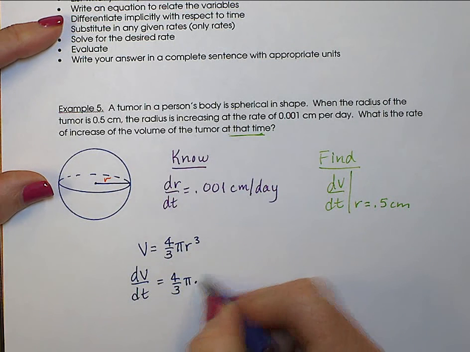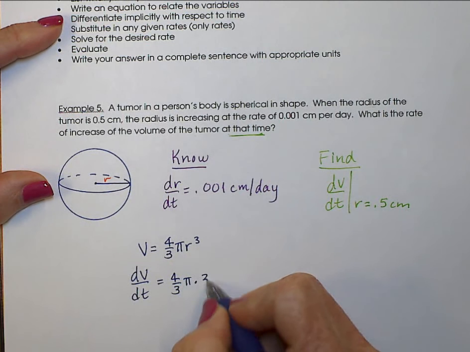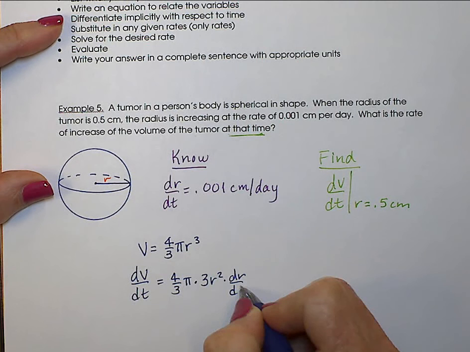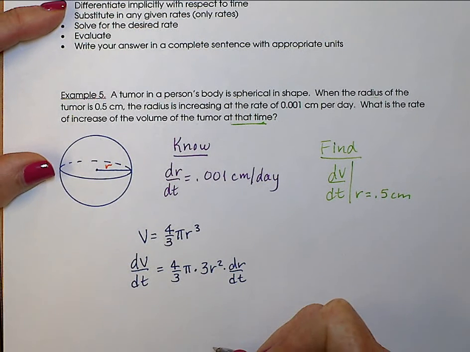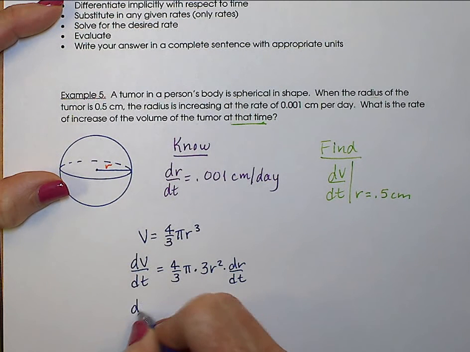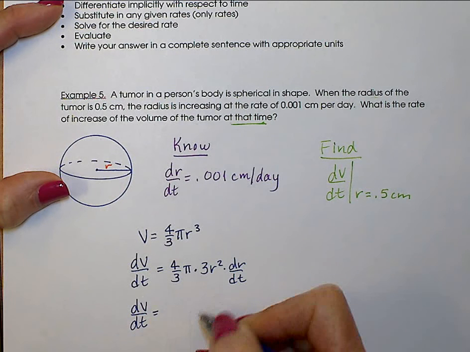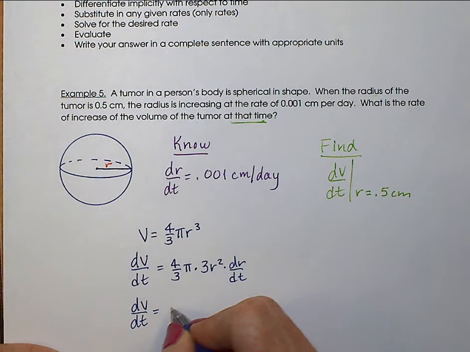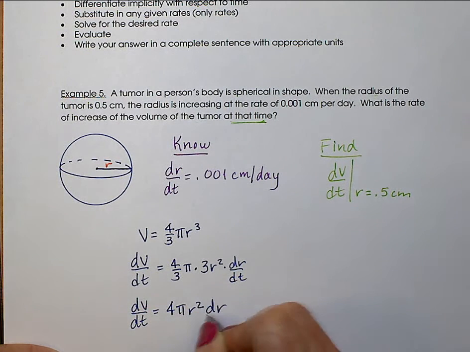The derivative of r cubed then, 3r squared, times dr/dt, since we're differentiating with respect to time. Cleaning this up, even though this step is not listed, we always simplify along as we go. This gives us 4 pi r squared dr/dt.